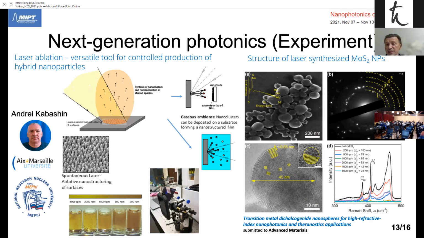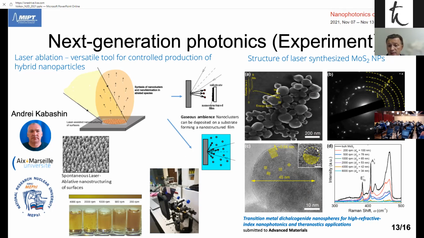But the smaller the size of the sphere, the more structured it became. And for the few-nanometer nanospheres, basically anisotropic quantum dots, the resonators became highly structured, high quality multilayer, preserving the crystalline structure of the initial crystal.